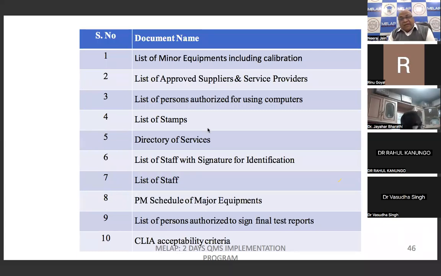Then list of stamps which you are using in your laboratory, directory of services, list of staff with their signature for identification, preventive maintenance schedule of major equipments, list of persons authorized to sign final test report. What is the clause related to authorization? 6.2.3 or 6.4?